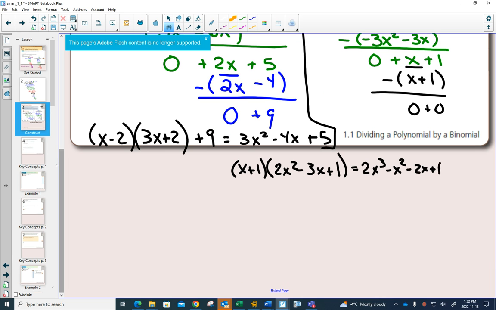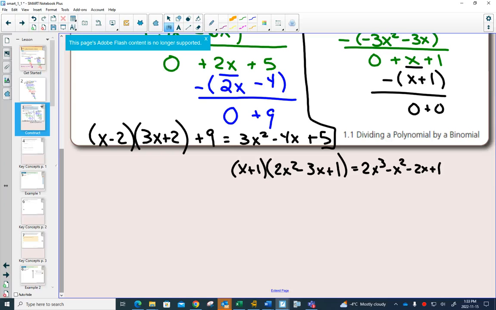What is this called? What's the math word for writing something like this? Factoring. Have you ever been able to factor an x cubed before? No. But we will in this unit. So this unit is more advanced factoring.